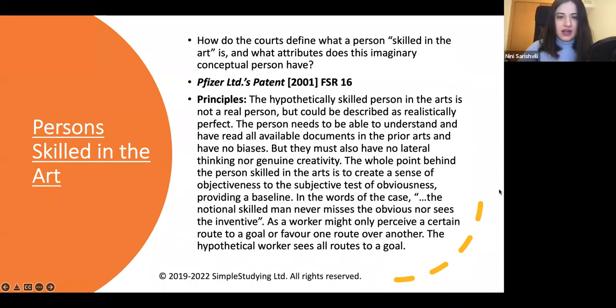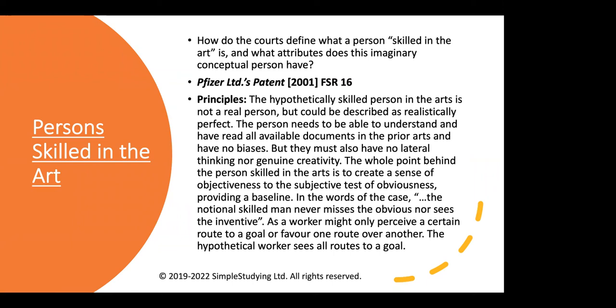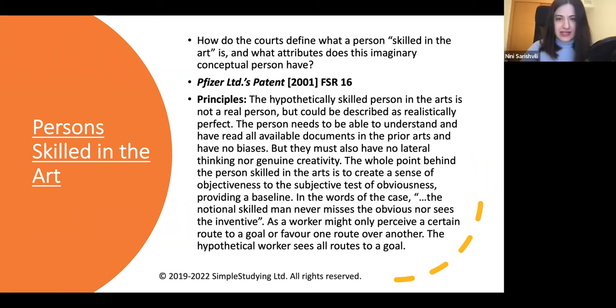And the case that has further clarified this test was Pfizer Ltd's patent. The hypothetically skilled person in the art is not a real person, so they do not have to actually bring an expert to the court for a patent to be granted. It's just a hypothetical person who is skilled in the relevant area where the patent is sought.